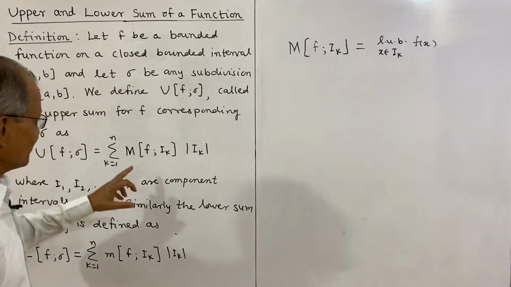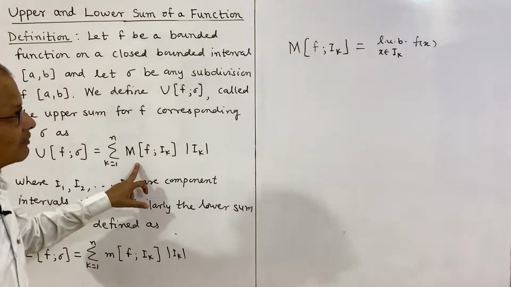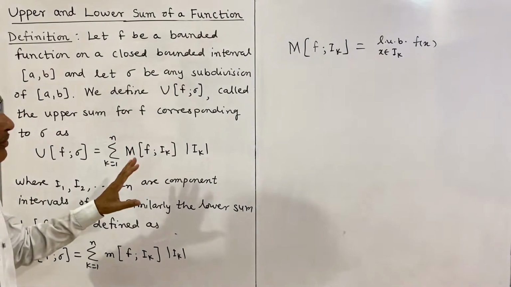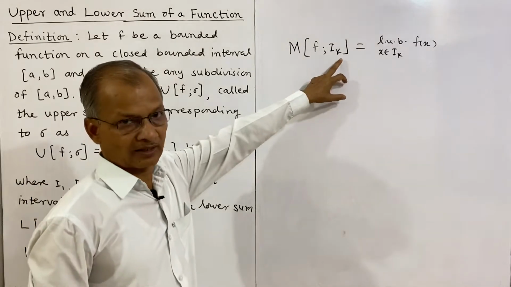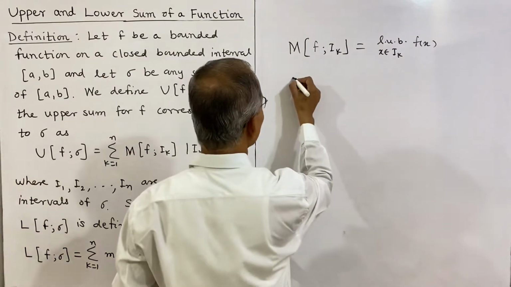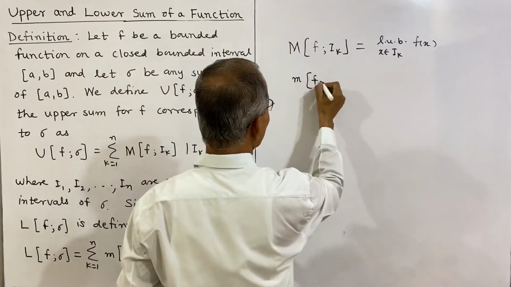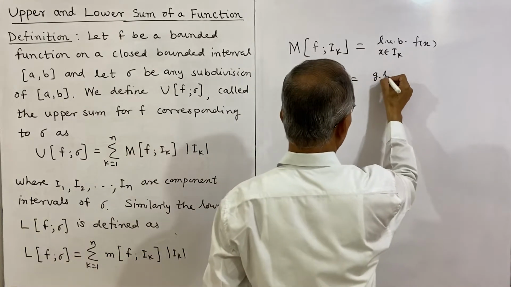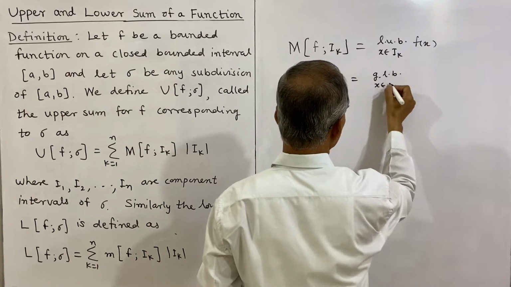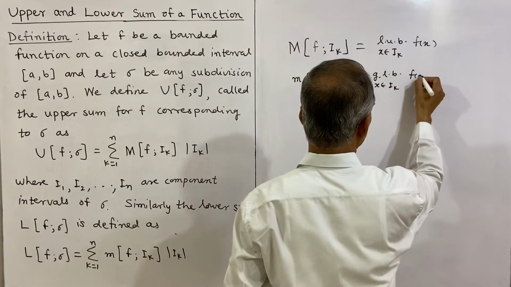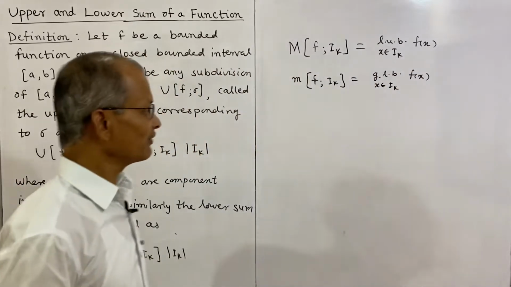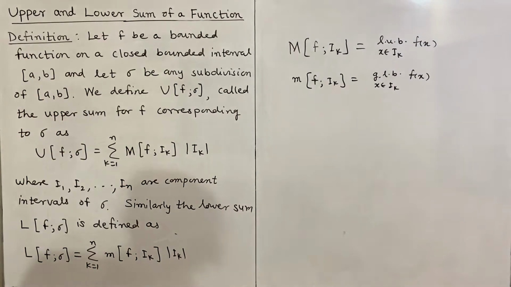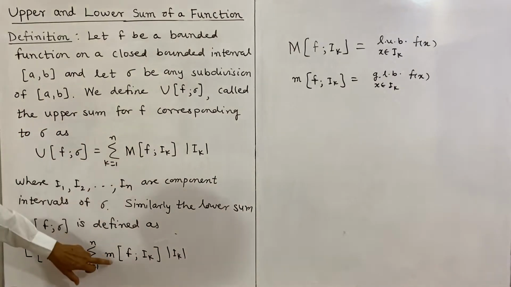And that means roughly capital M denotes the maximum value of the function in the interval Ik. And similarly, what we have defined earlier, small m of f on Ik is the GLB, greatest lower bound, of f of x when x belongs to Ik. That is the meaning of capital M and small m.